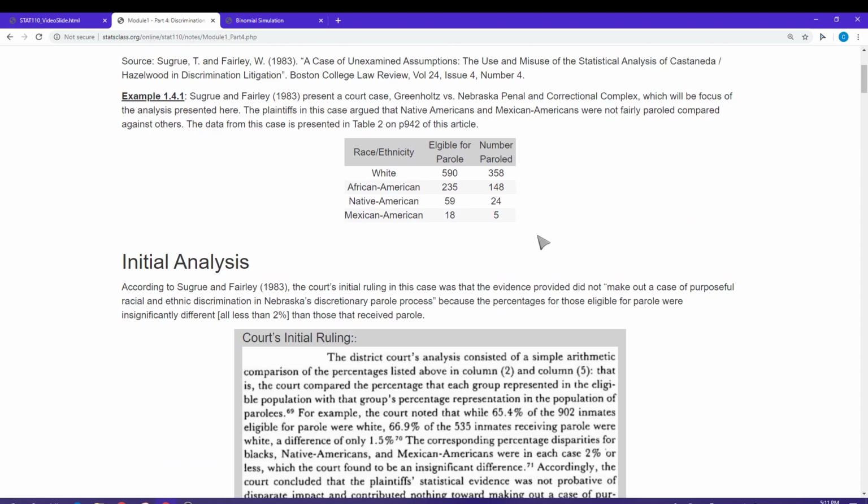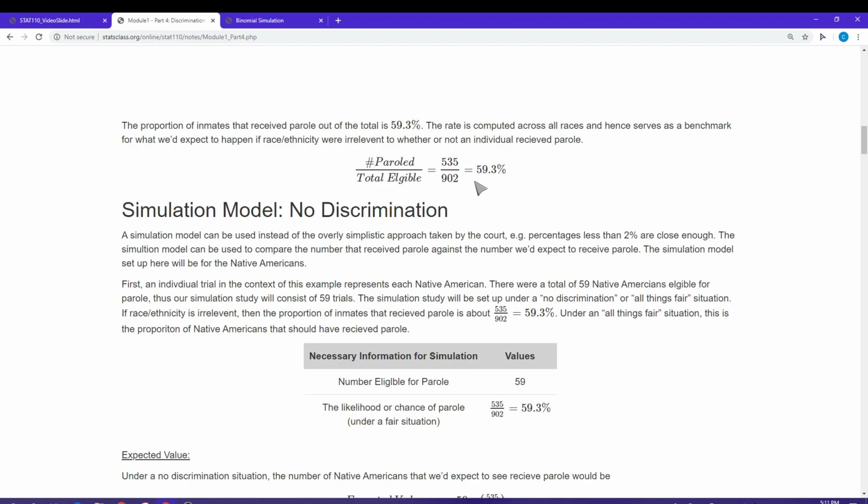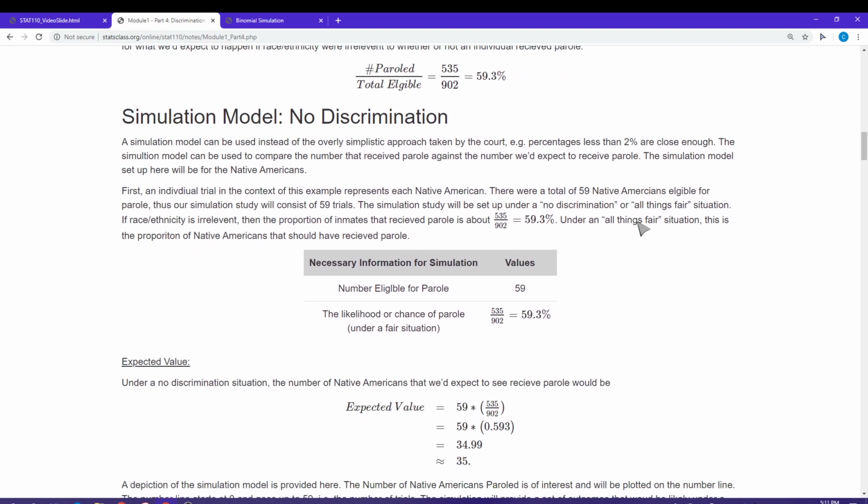A statistician is going to look at those totals under the assumption of no discrimination. Or equivalently, if I ignore what race they were, what would the parole rate be? And that was that 60% here. So now I can build a simulation model under a no discrimination situation.